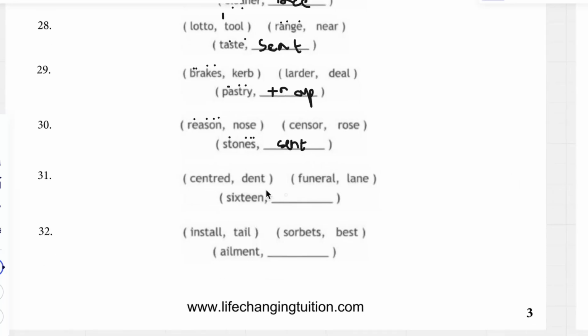Question 31, we have D, E, N-T, so N-E-X-T, you just see the pattern over there.